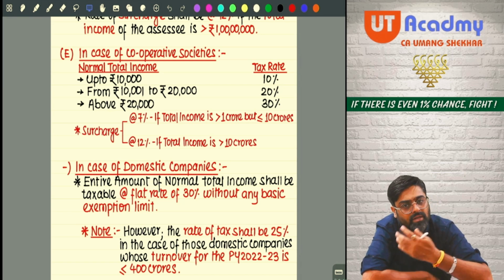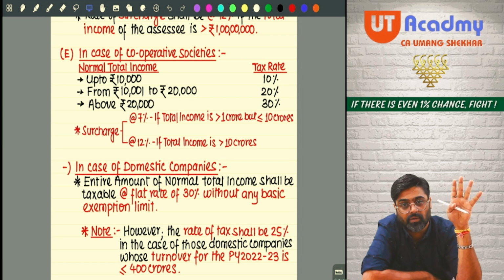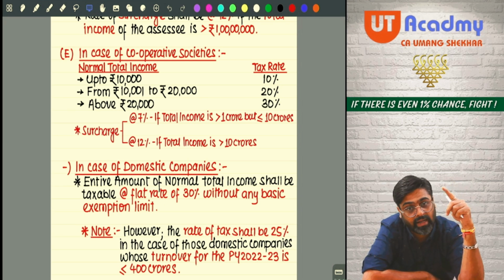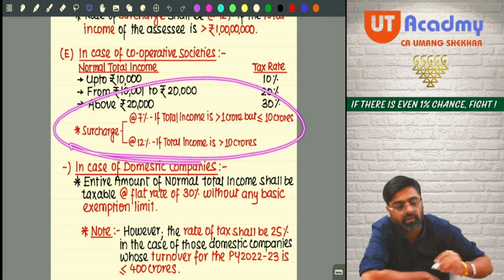Will there be any surcharge? No. But if the total income of the cooperative society exceeds 1 crore, then there will be surcharge of 7%, but only if its total income is up to 10 crores. If the total income of the cooperative societies exceeds 10 crores, then the rate of surcharge will become 12%. This was recently changed.